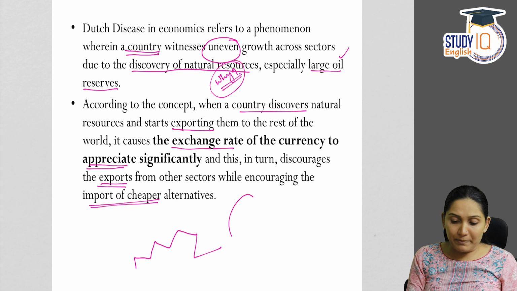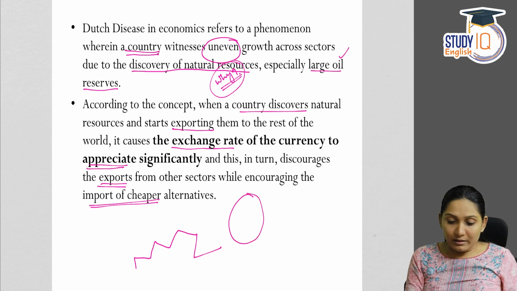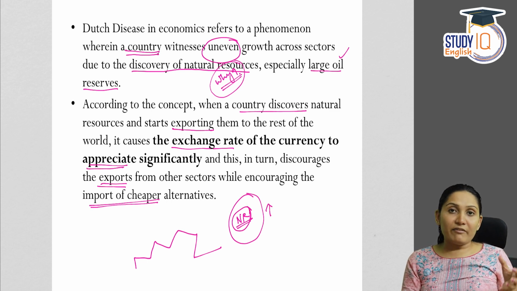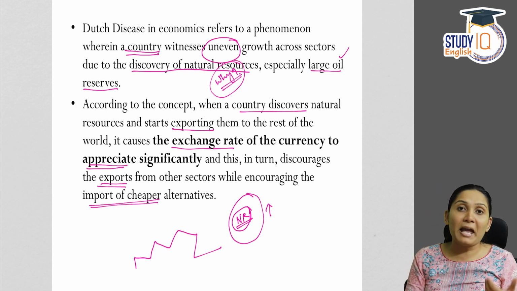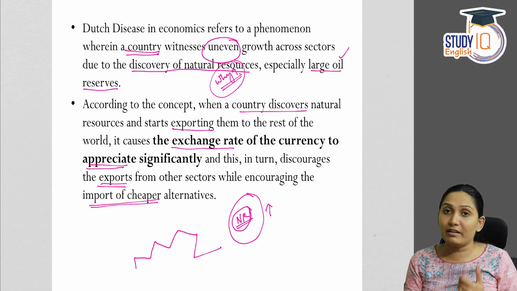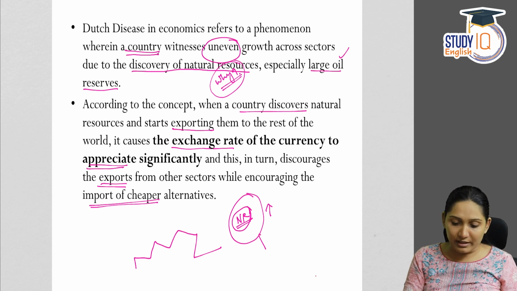Now, what happens here? The export of this natural resource will increase. Automatically, we know that whenever the exports from a country increase, there is more demand for that country's domestic currency, and therefore there will be an appreciation of that currency, or an increase in the value of the currency.